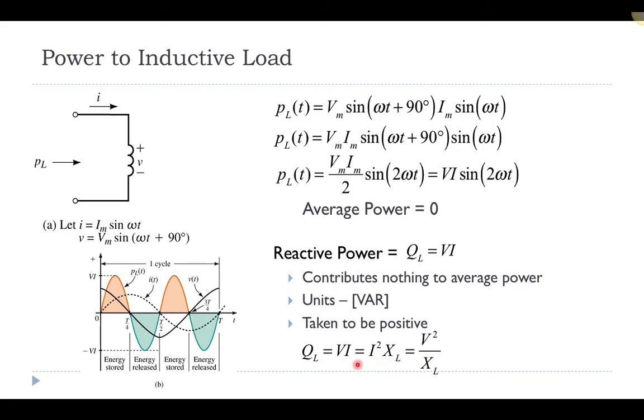And then if I were to instead replace the current with the voltage divided by the inductive reactance, I would get the same term right here. So this looks very similar to the real power for a resistor. The big difference here is instead of resistance, I have inductive reactance. And it's also a different type of power.